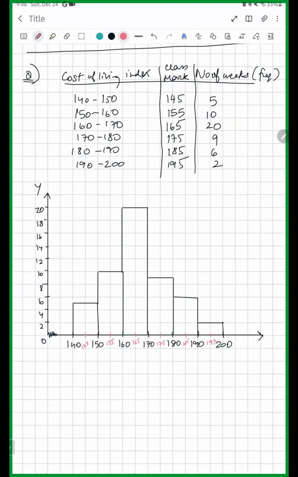Now see, 145 is marked at 5. 155 is marked at 10. 165 is marked at 20. 175 is marked at 9.